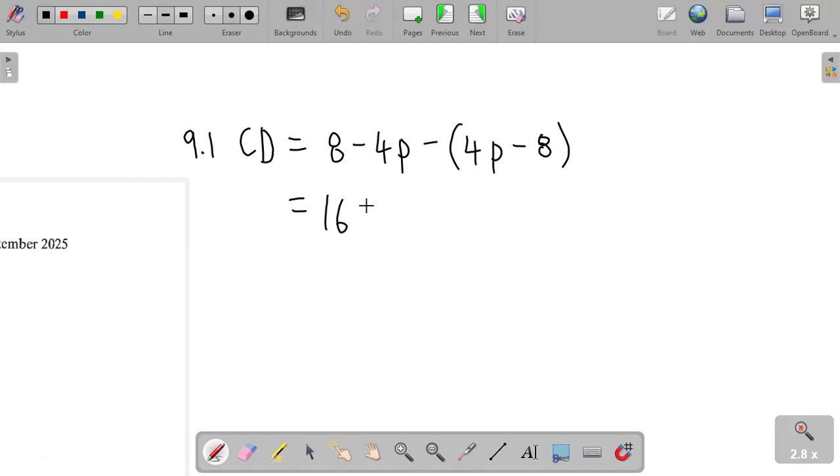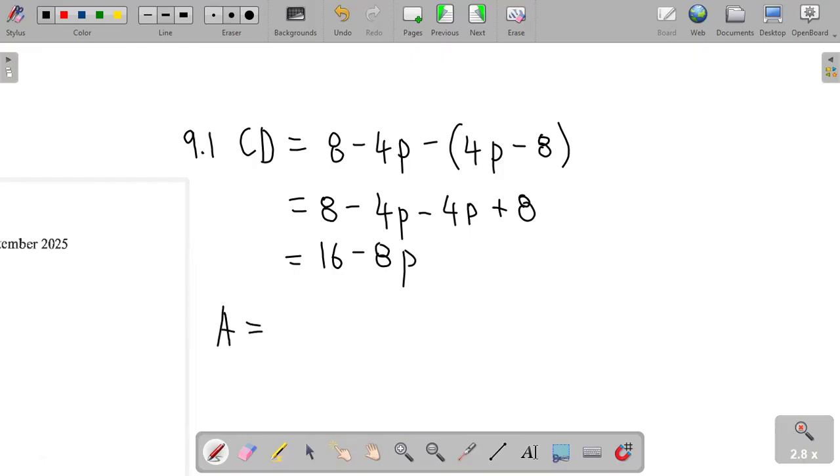And then, okay, so wait, it's gonna be 8 minus 4p minus 4p, and then plus 8. So it's gonna be 16 minus 8p. Okay. So now the area will be equal to length multiplied by breadth.